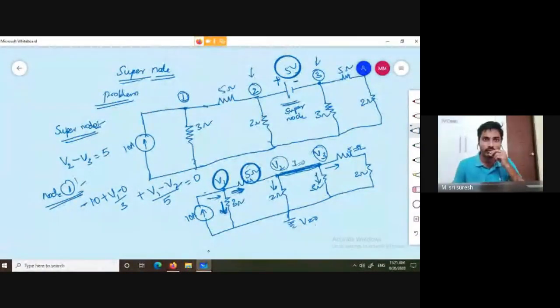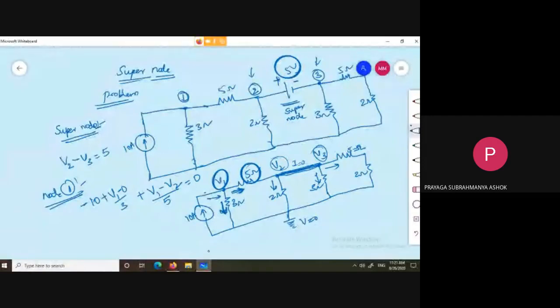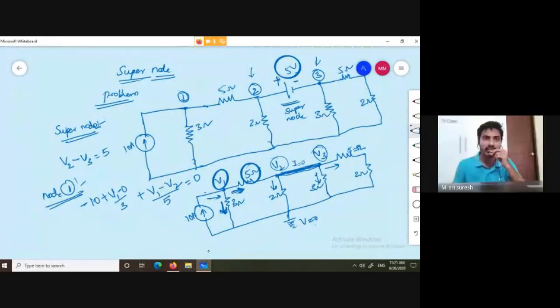Why minus 10, sir? Because this is the incoming current to this node. Take the V1 node, the first node. The incoming current to this first node is 10 amperes. Incoming currents are taken as negative and outgoing currents are taken as positive.